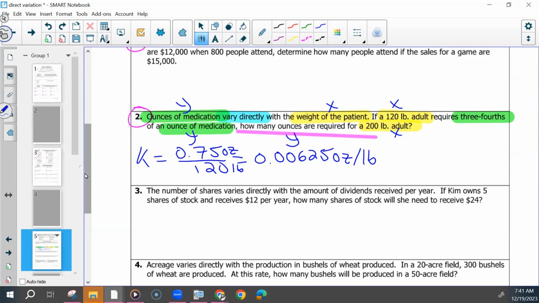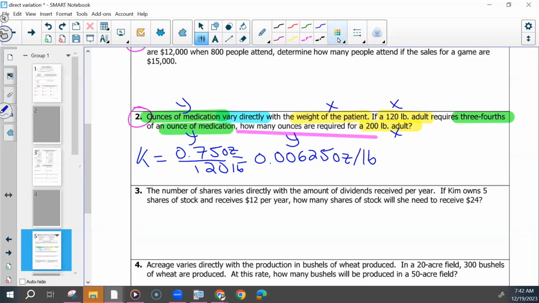When you're doing these word problems, you have to think about, does this make sense? Let's say you flipped this by accident and you got 90. Would 90 ounces of medication per pound make sense? Oh no, that's way too much. But this amount of medication per pound would make sense.